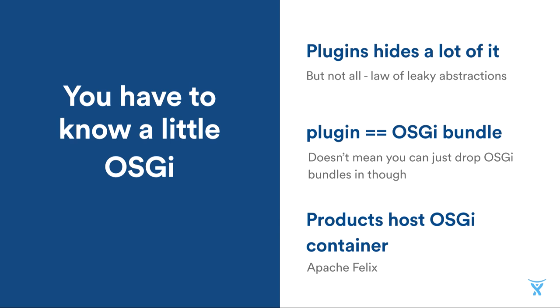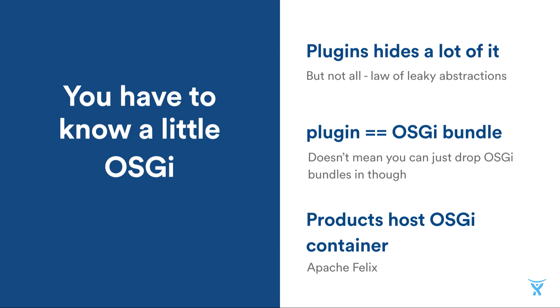I'm partial to OSGI. So in order to interact with the Atlassian plugin system or to create a P2 plugin, you need to be aware that you are using OSGI. Now, the plugin system attempts to hide a lot of that and attempts to let you think that you're not running in an OSGI context.